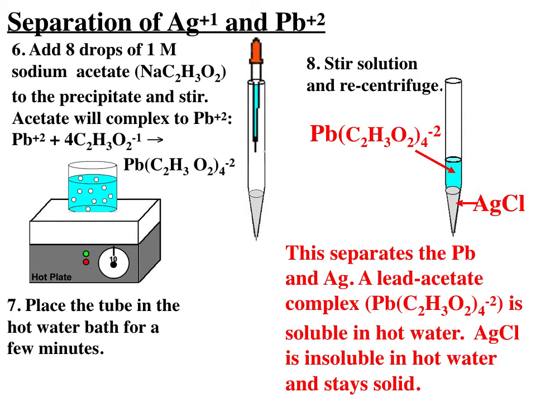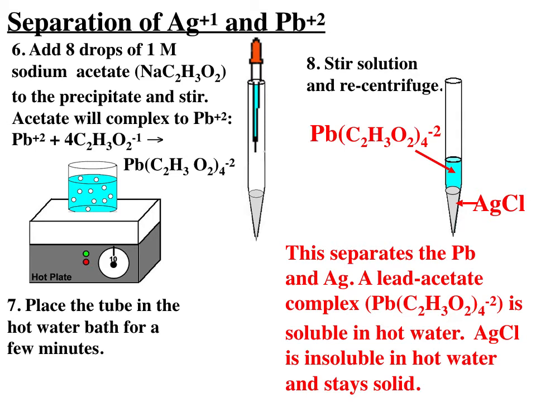And what's going to happen then is I'm going to form a lead complex, a lead acetate complex. This lead acetate complex is soluble with chloride, whereas the silver chloride will remain insoluble.